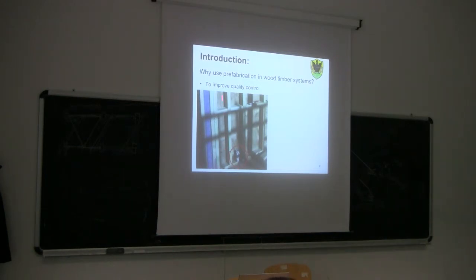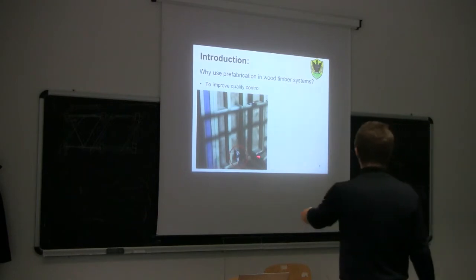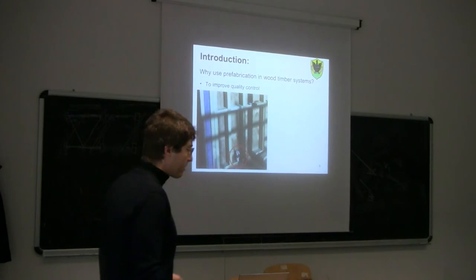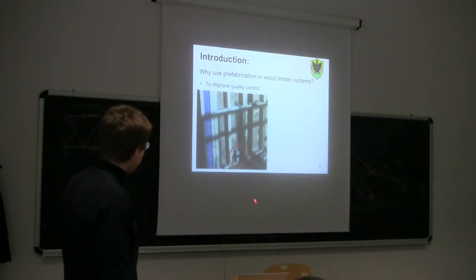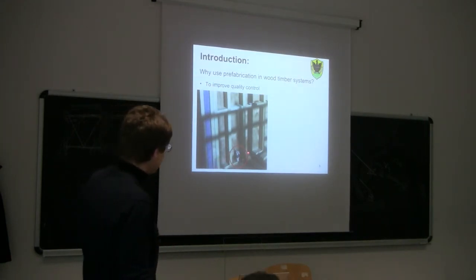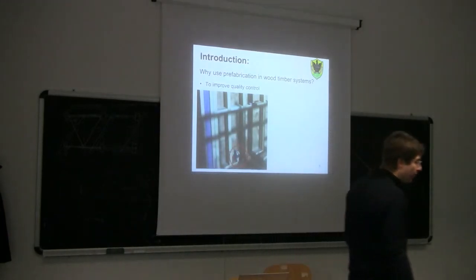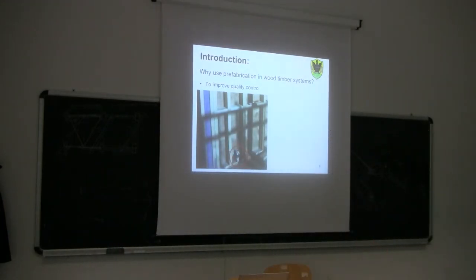First, you see that the timber structure is built, and then the electricians come and they cut here and there in order to put, for example, the plugs, the electrical services. In this case, as you can see, one structural member has been cut in order to have room for this electrical system. And this, of course, is not very nice.